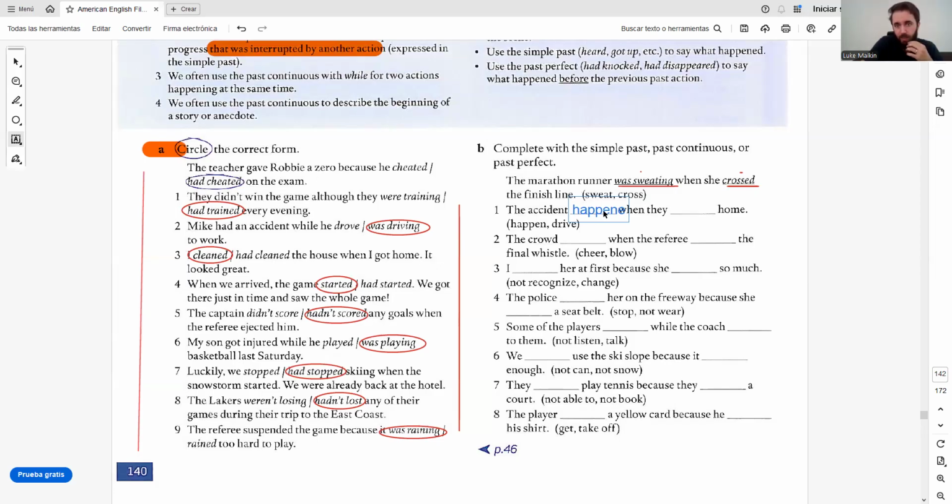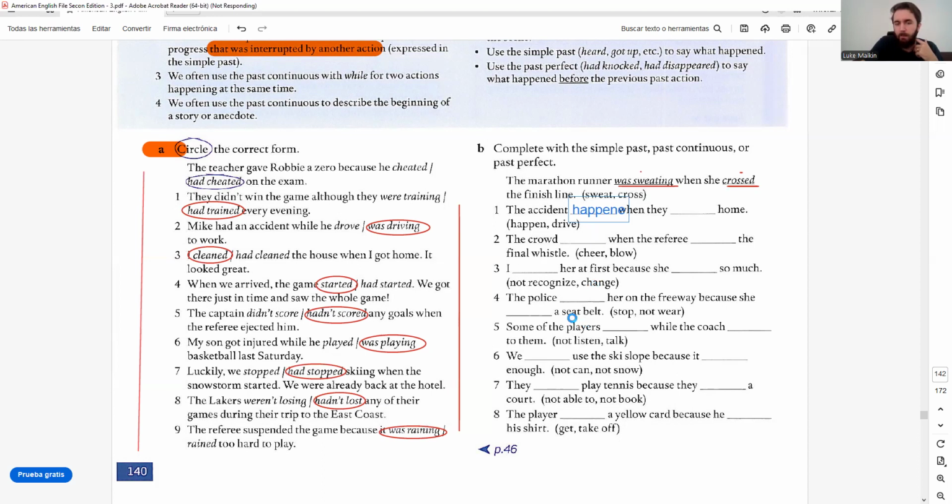Here we go. Number 2, the crowd cheered when the referee blew the final whistle. This is past simple, past simple. Blow is an irregular verb. Blow and blew.